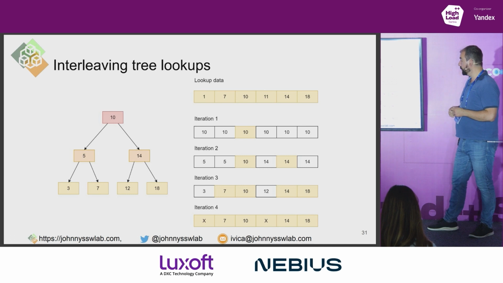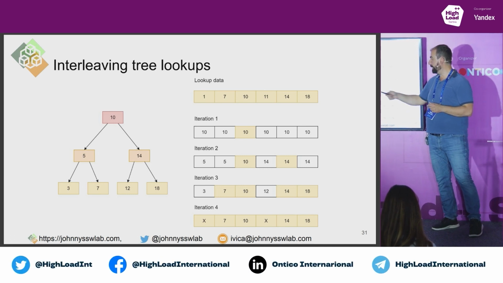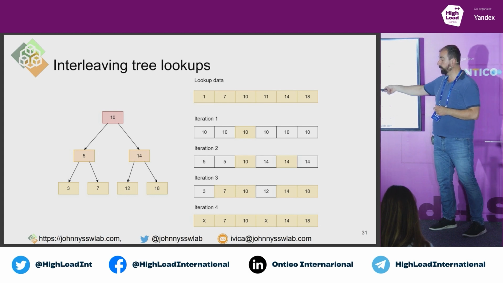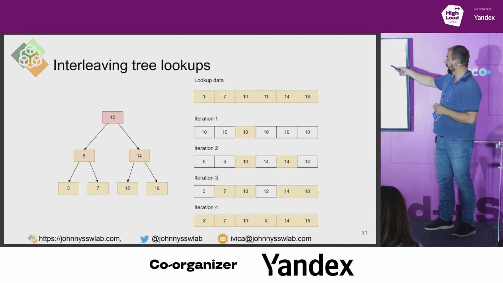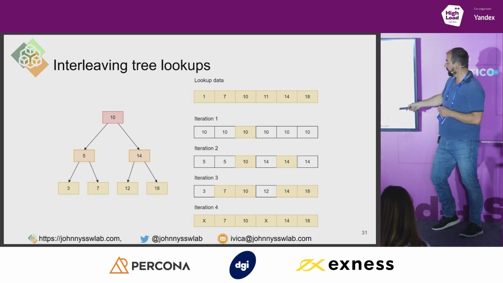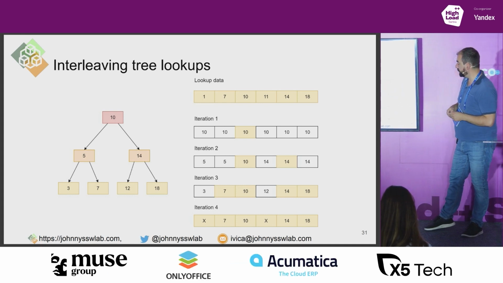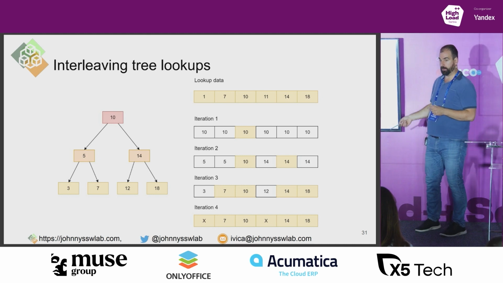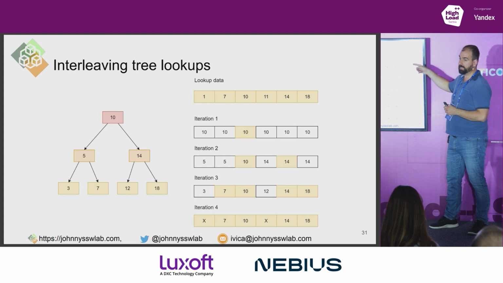In iteration 2, the current node for 1 is 7, and for 10 it is found. For 11 it is 14, so we move into the second level of the tree. And for 18, it's 14. In iteration 3, we are on the third level of the tree, and values are found or not found. So we are going through this array 3 times.